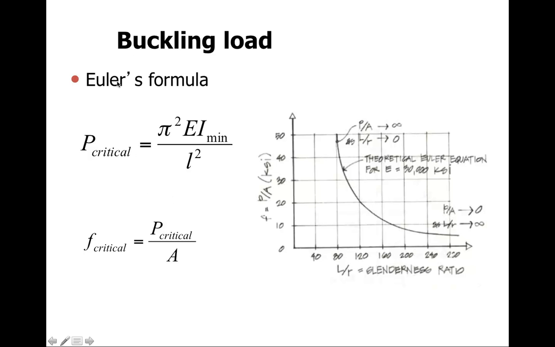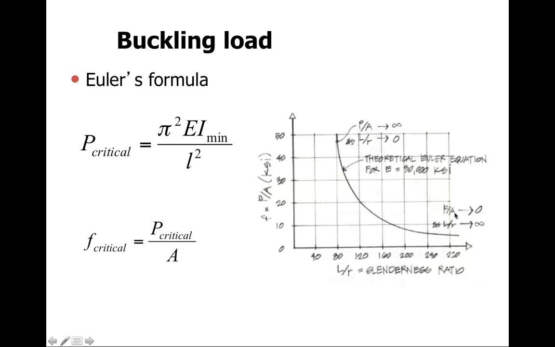So in terms of the buckling load, we have P critical equals pi squared EI minimum over L squared. This shows some of the examples of how it would be. Here's our slenderness ratio.